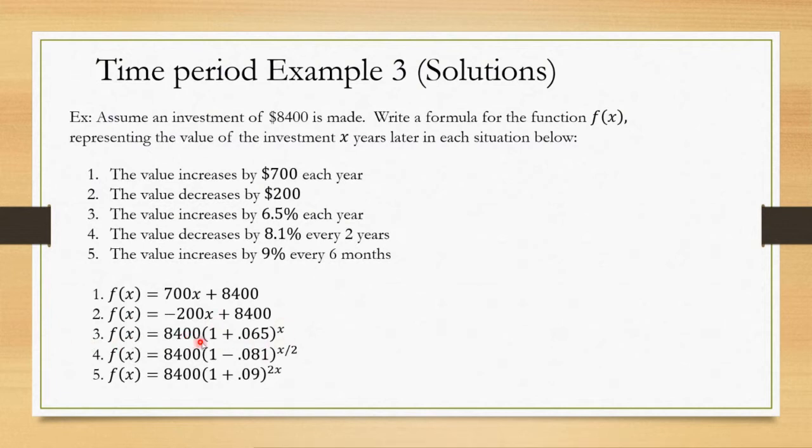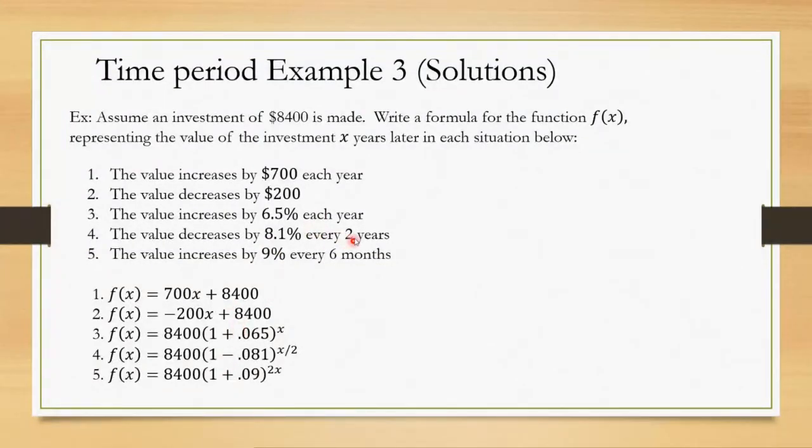Okay, that's for 3. For 4, it's similar, except for 2 things, actually. It's decreasing by 8.1% every 2 years. So again, we have exponential decay. In this case, R is going to be 0.081, but we have to subtract, minus, because it's decreasing.